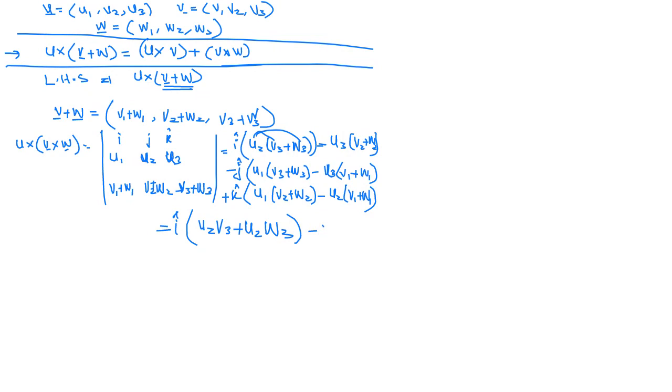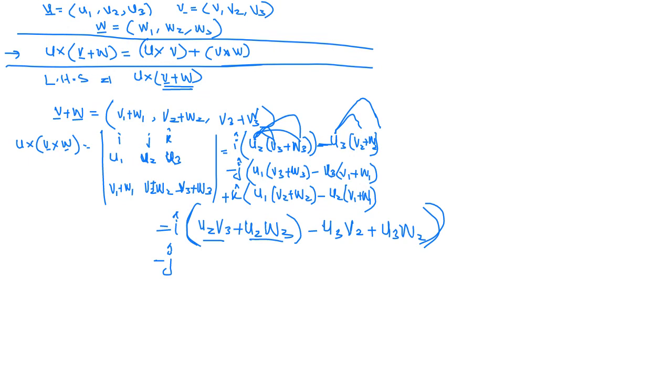You just multiply u2 with v3, that will give you this one, and u2 with w3, that will give you this one. Minus u3 multiplied with v2 plus u3 multiplied by w2. Okay, so this is all about the i. Similarly for minus j.